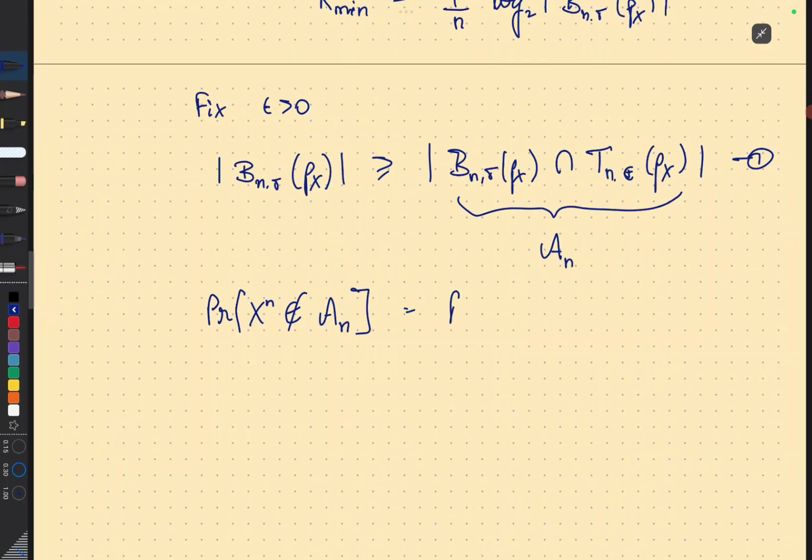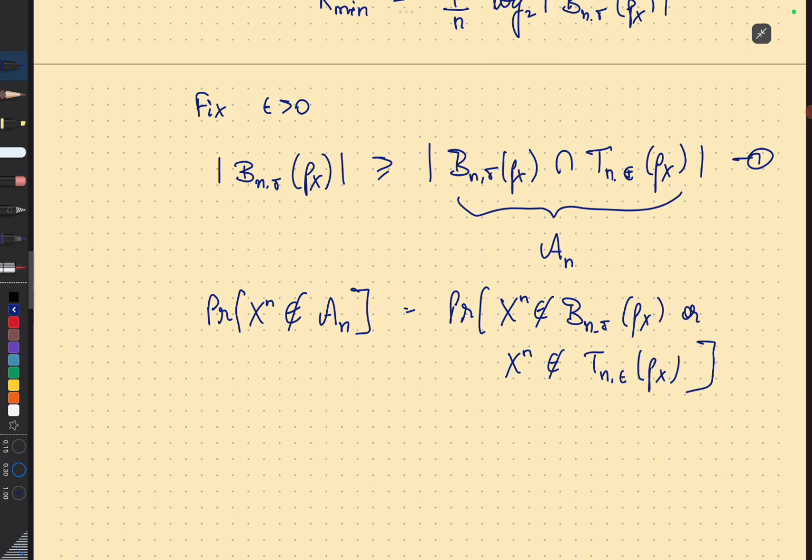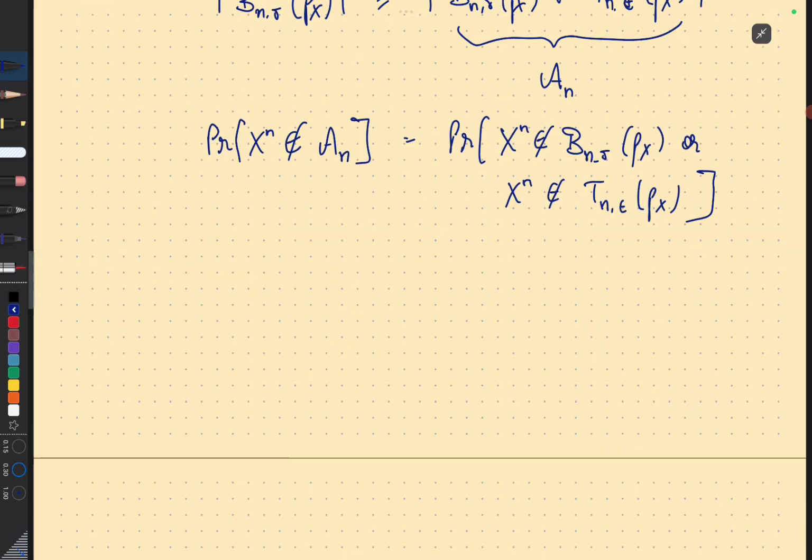So this is the probability that Xn is not in B_n^delta, or it does not lie in the typical set.